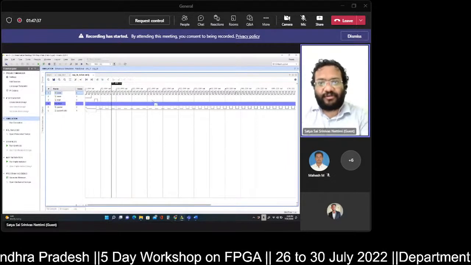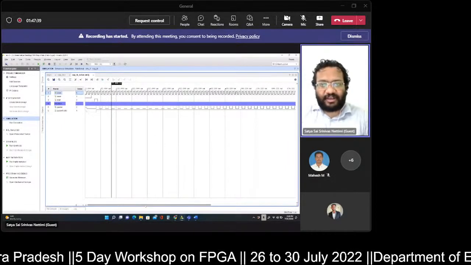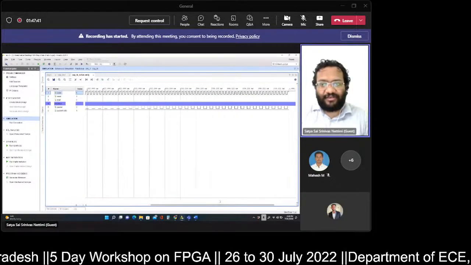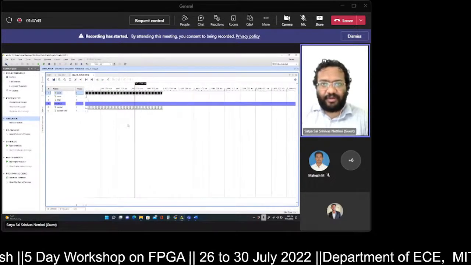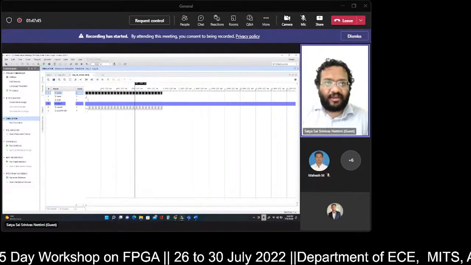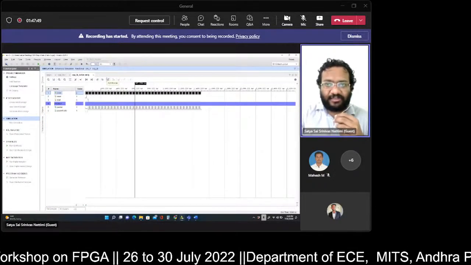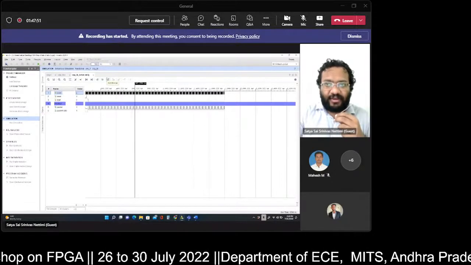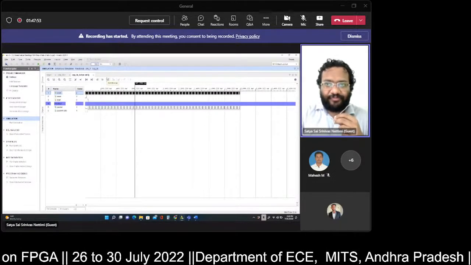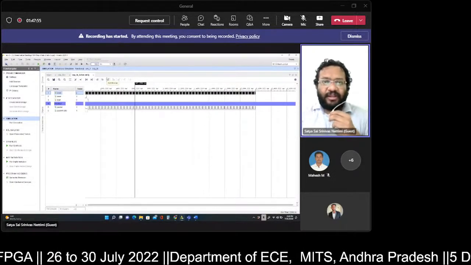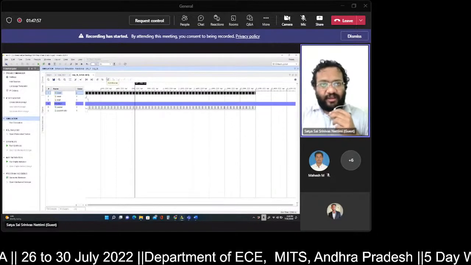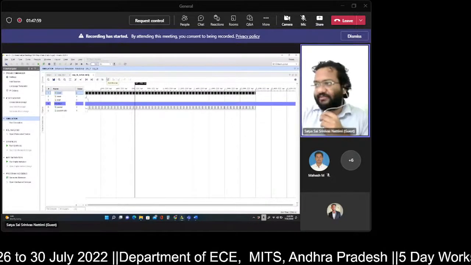Now if you see, it is running continuously for a long period of time, and it is continuously generating the alternating ones and zeros pattern for an infinite amount of time.